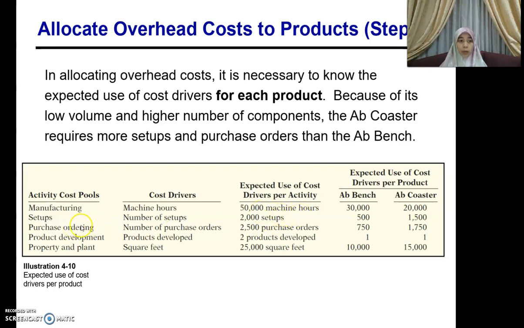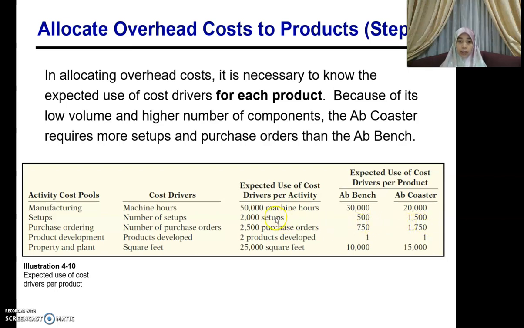machine hours. What about the setups? In total, you have 2,000 setups. How much of that setup is consumed by App Bench? App Bench requires 500 setups, while App Coaster requires 1,500 setups.